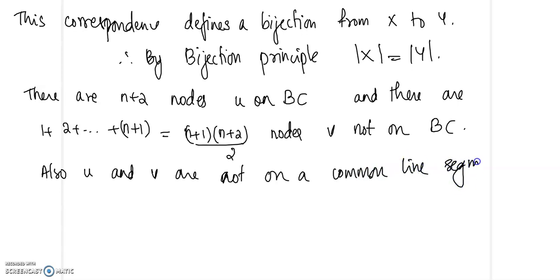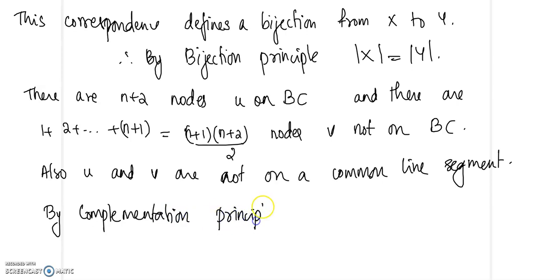So using these three facts, now we write down the cardinality of Y. By the complementation principle, the cardinality of Y will be equal to, we have to form parallelograms using U and V. U, they are total n plus 2 in number, and V total n plus 1 into n plus 2 by 2 in number.